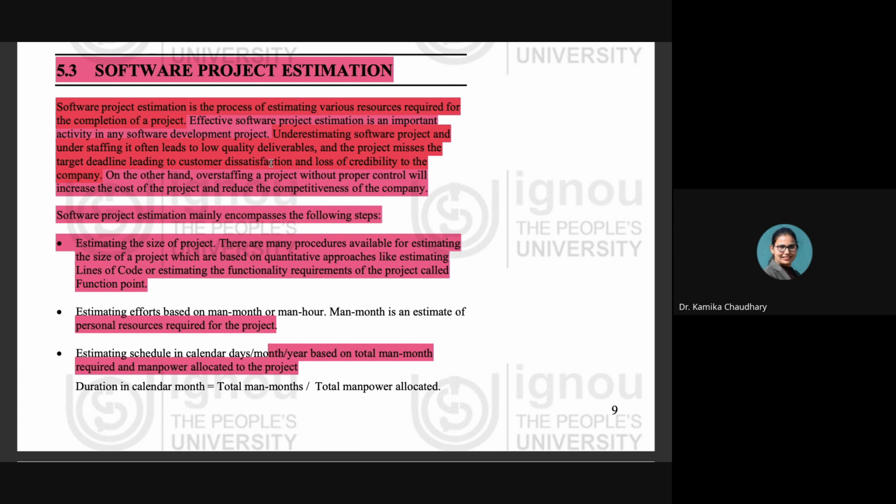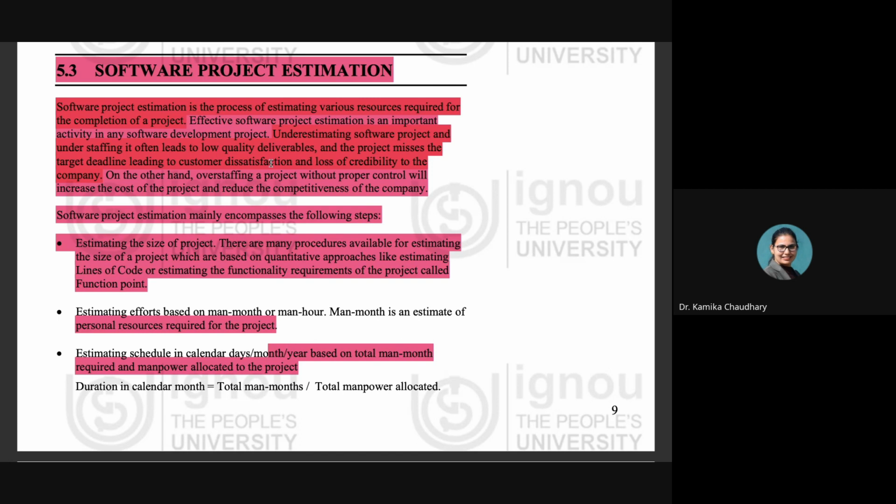Obviously, if a low quality product is delivered to the customer, he is not going to be satisfied with the work of the company. Second, if the date on which the project was to be delivered is missed by the company, again the loss of credibility is going to happen to the company. So this happens if the overall resource requirement is underestimated, right?